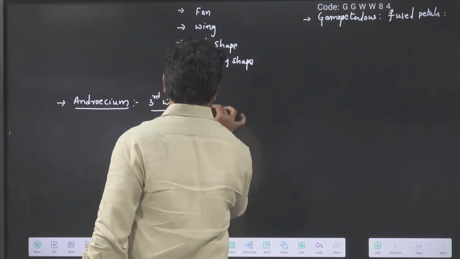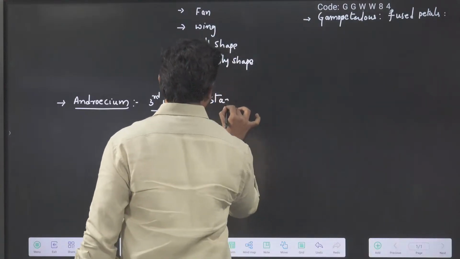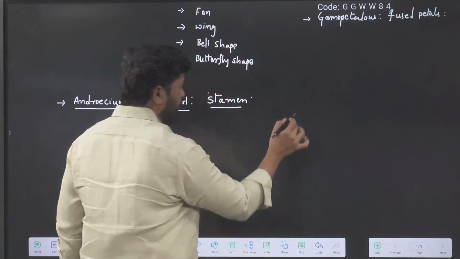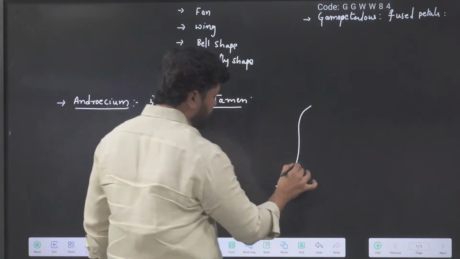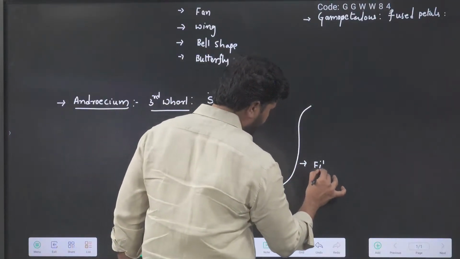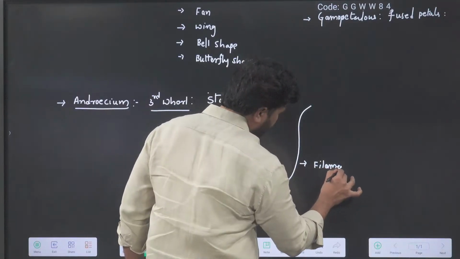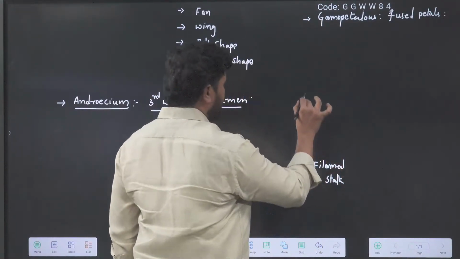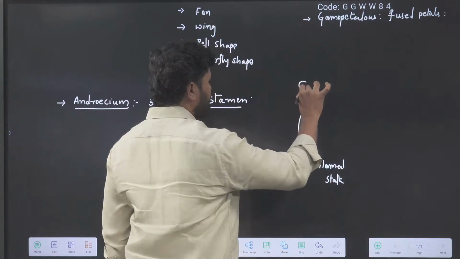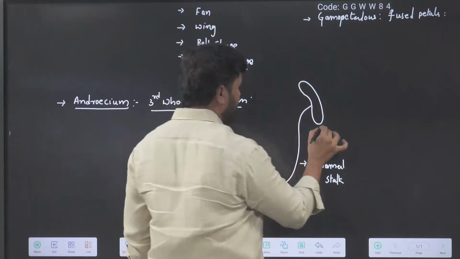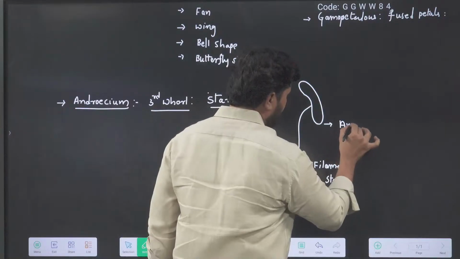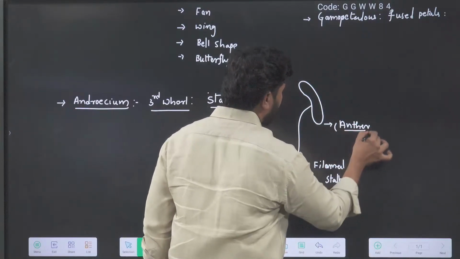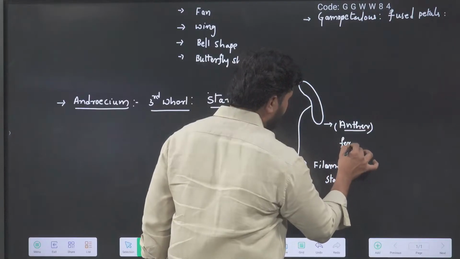The members of Androecium you have to call stamen. Each one is a stamen. A typical stamen has a filament, the so-called stalk of the stamen, and there is an attachment of the anther. Anther is the place where pollen grains are produced. That's why it is called the fertile part.